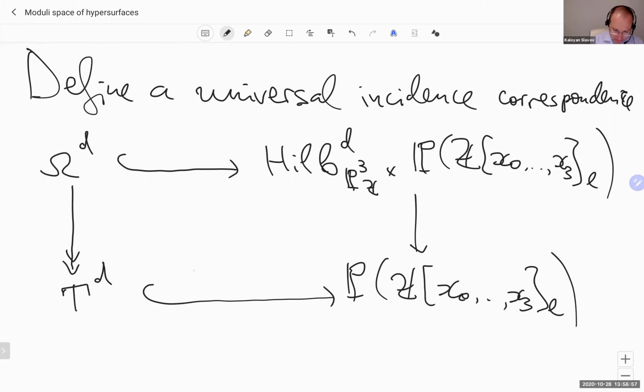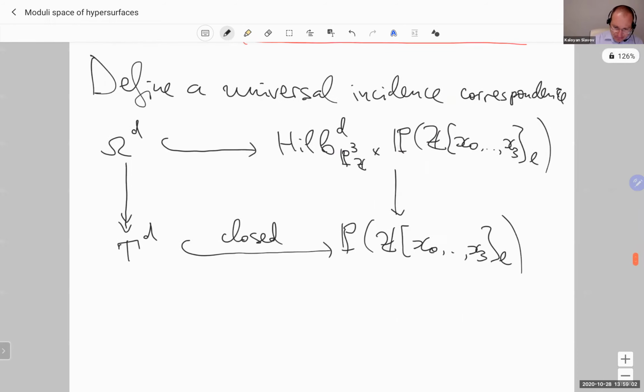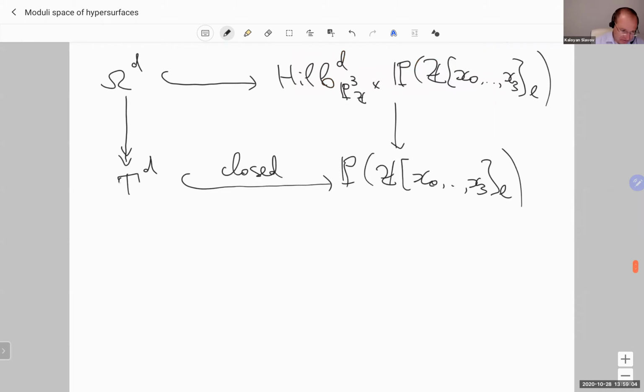I have a surjection followed by a closed embedding. And the T_D is what we're really interested in. This T_D is our moduli space. What is T_D?